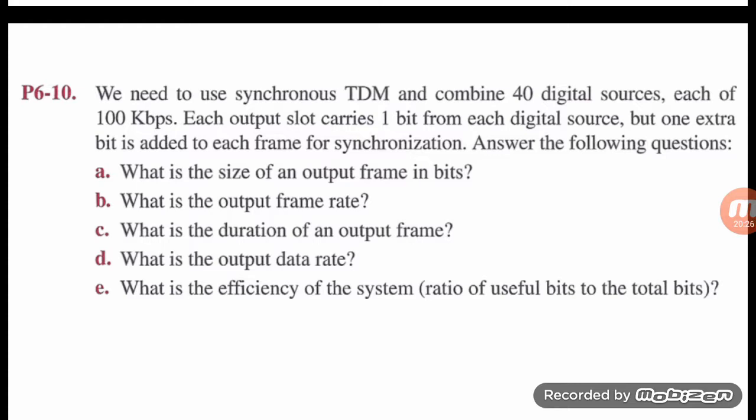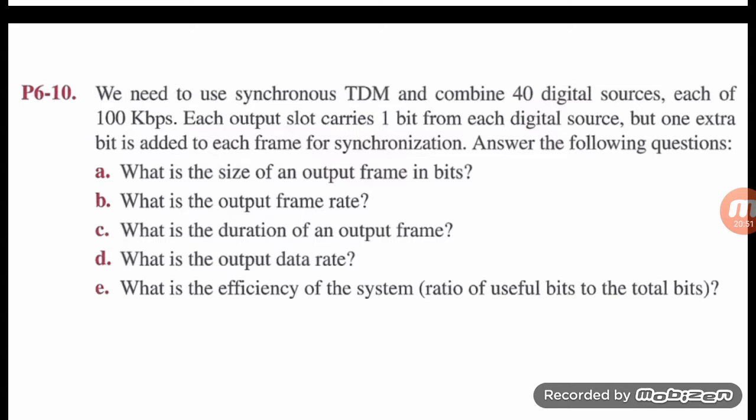But one extra bit is added for each frame for synchronization, right? So let's suppose for the time being you forget about this. Each output slot carries one bit from each digital source. Like in the previous one, you had 4 users. Before that one, you had 3 users. Now you have 40 users. So you take one bit from each user. That makes it one frame.